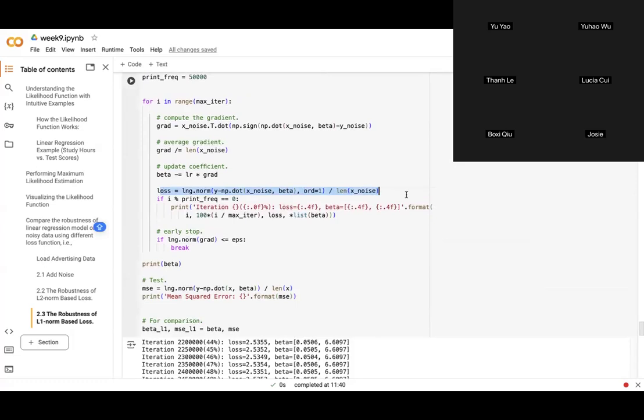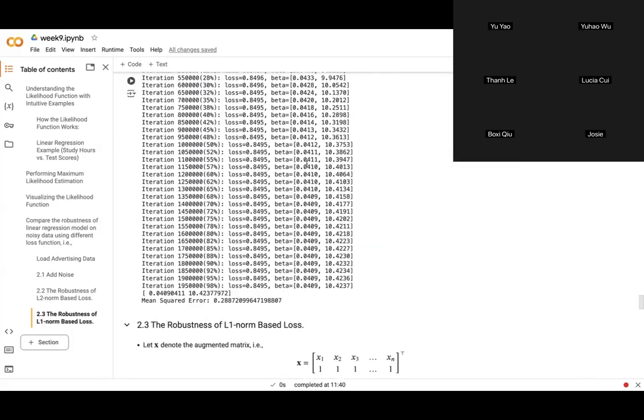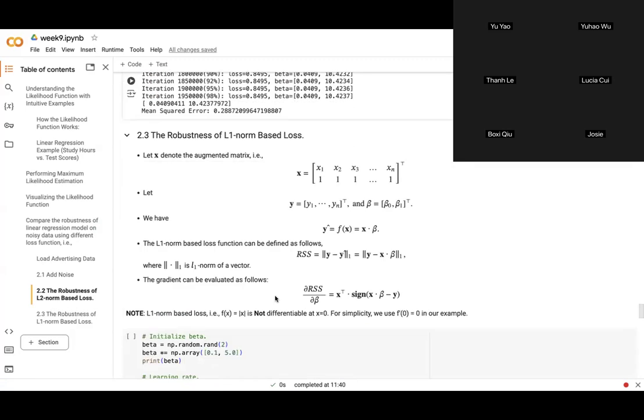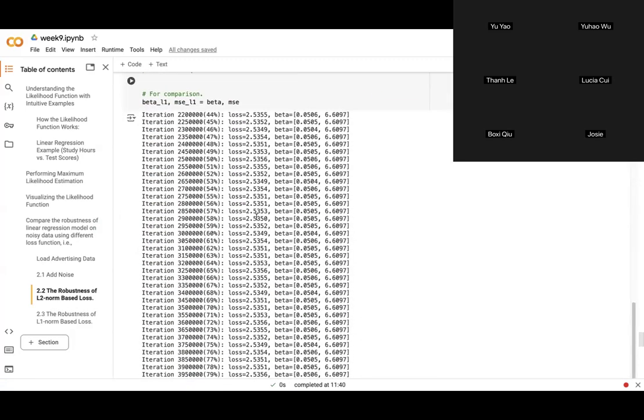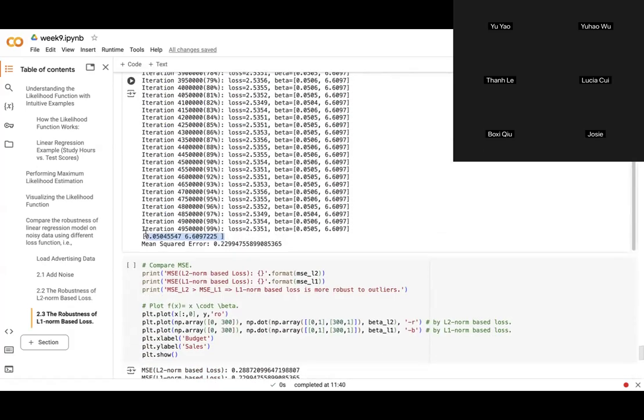We use the L1 loss, and we also do the same things as in L2. We do optimization with different iterations. Okay. And we give our final result and return the mean square error to measure the performance of the L1.